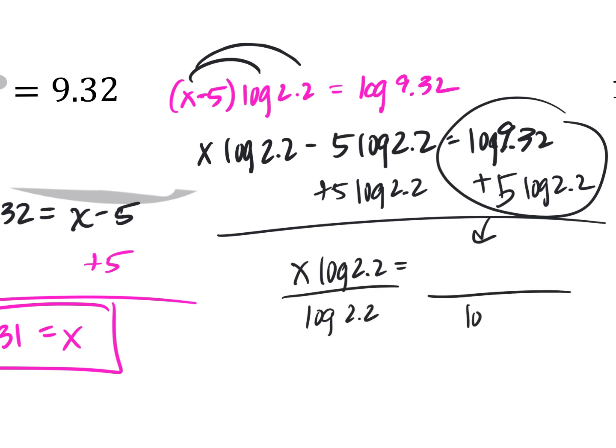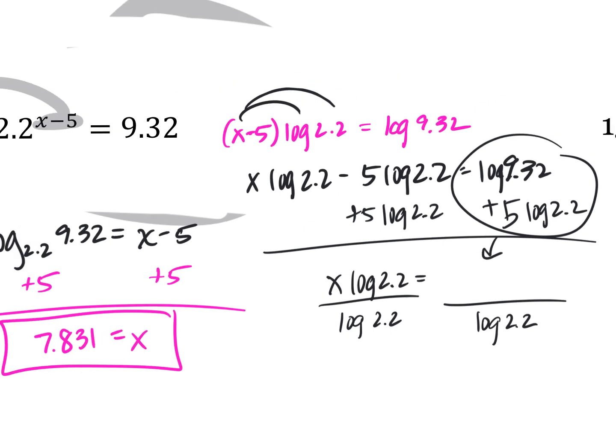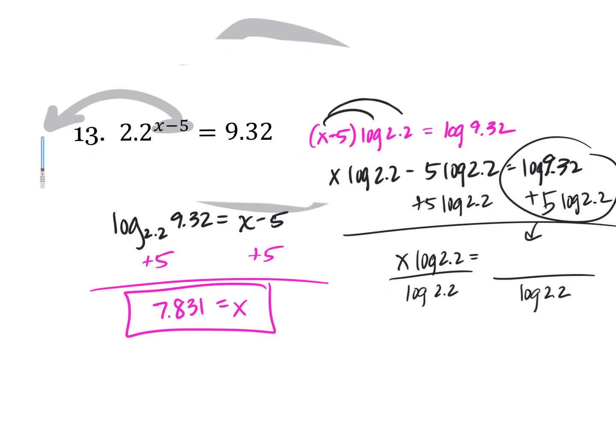Oh my gosh. Let me just show you though. We do get the same answer. If I did log of 9.32 plus 5 log of 2.2 divided by log of 2.2, we got 7.831. So you can always just say, I'm bringing my exponent down every time. You could always do that.